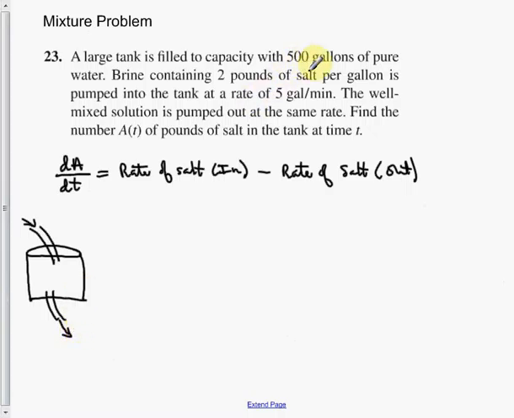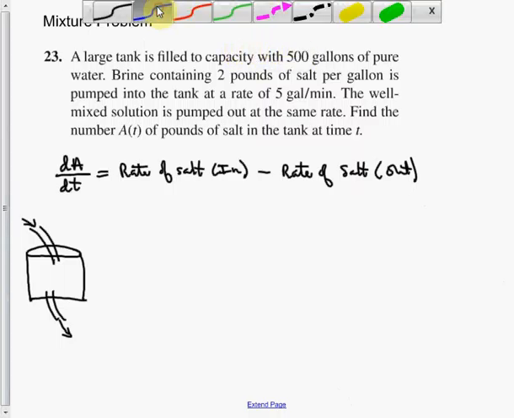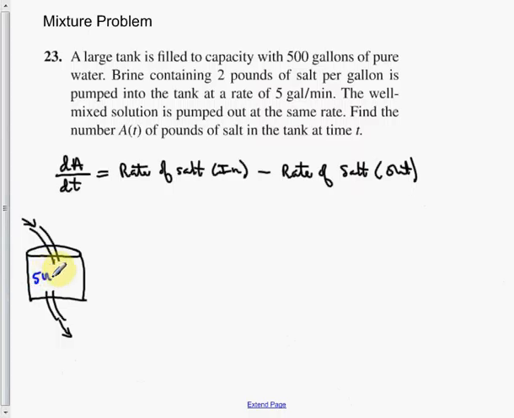So here it says that this tank has a capacity of 500 gallons of water. The brine containing 2 pounds of salt per gallon is pumped into the tank here. So it's being pumped in at 2 pounds per gallon.